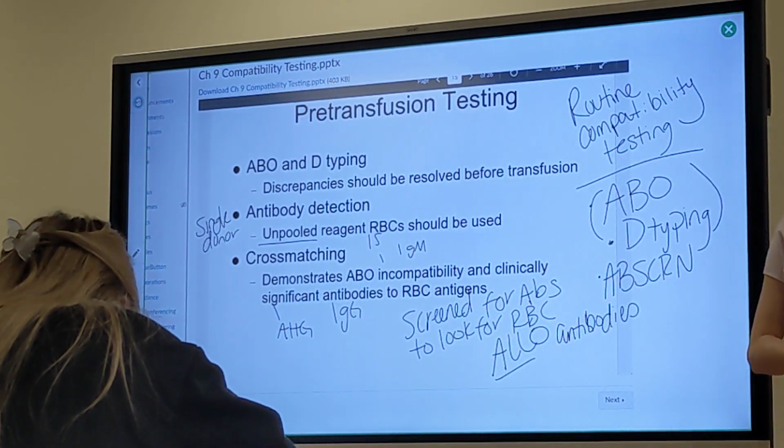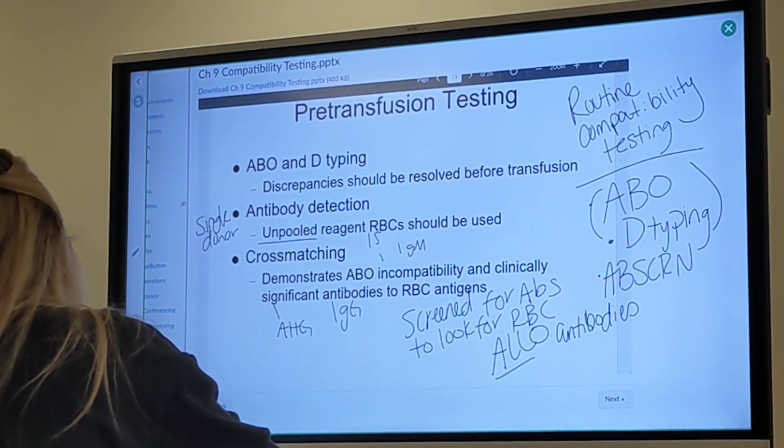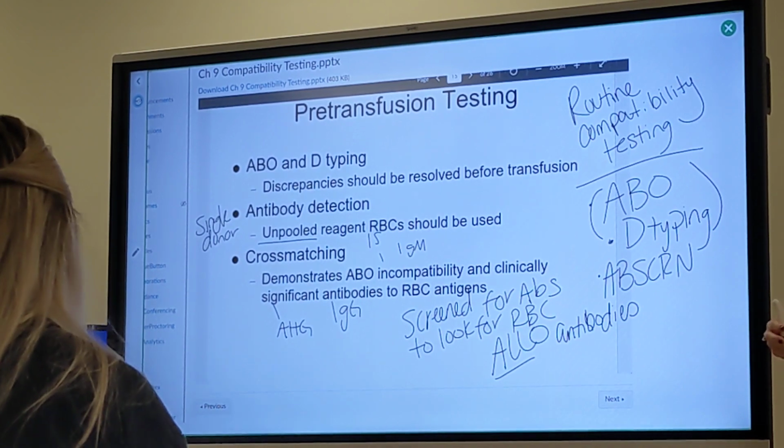They've made them from exposure to red cells, either through pregnancy or transfusion. That's the ones we're worried about.